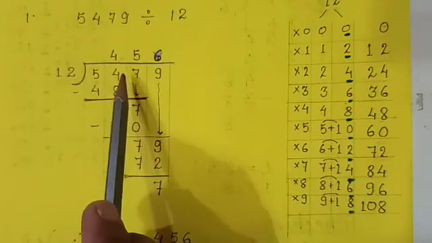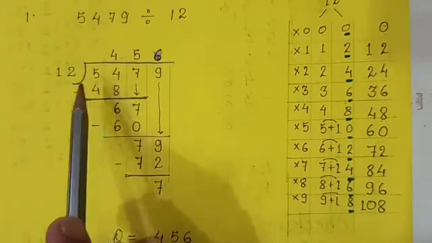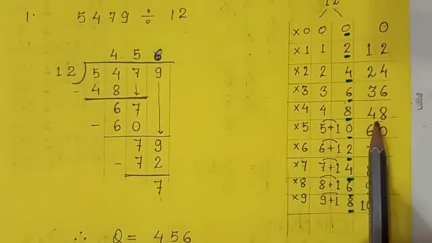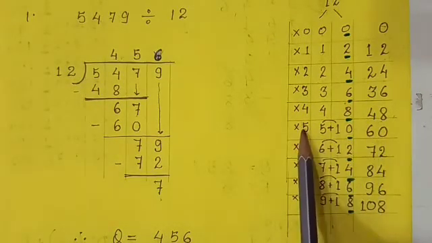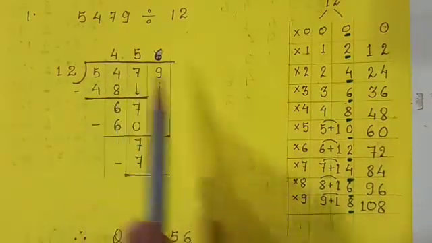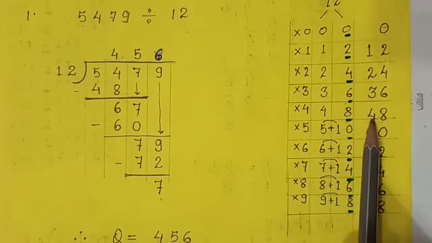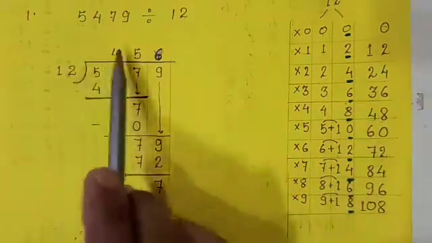Otherwise, the nearest number which is lesser than the 54 in the table of 12. So what are we getting? We are getting that 12 into 4 is equal to 48 and 12 into 5 is equal to 60. This 60 is more than 54. Therefore, we have to consider this 12 into 4 is equal to 48. So 12 4s are 48.